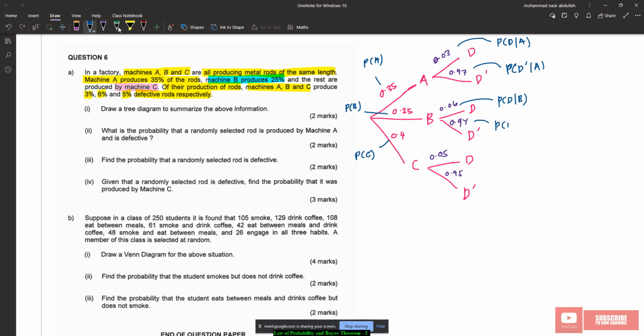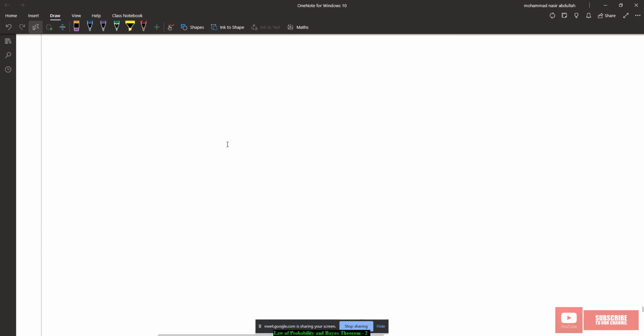This is the probability of D complement given B, and this is D given C. This is also the probability of D complement given C, right? I hope you get the idea. So this is the probability tree diagram, right? Let's look at our content.